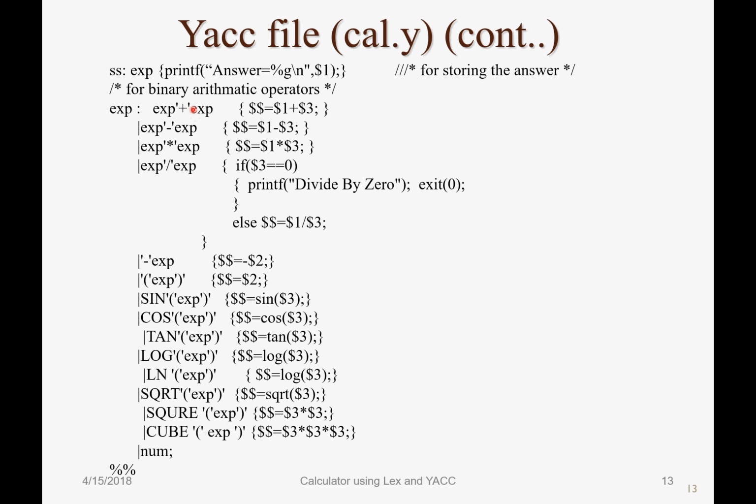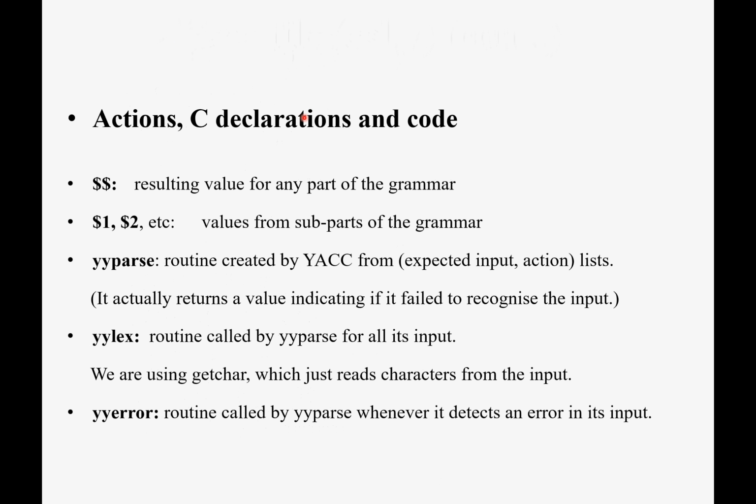But we have to evaluate this expression also. So how it will evaluate in this way. In bracket we wrote $$ = $1 + $2. As we already saw, what is the meaning of $$? $$ indicates the resulting value for any part of the grammar.